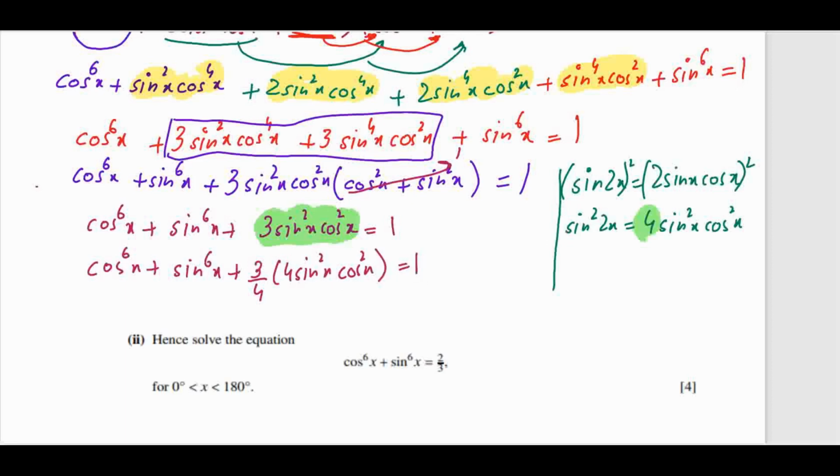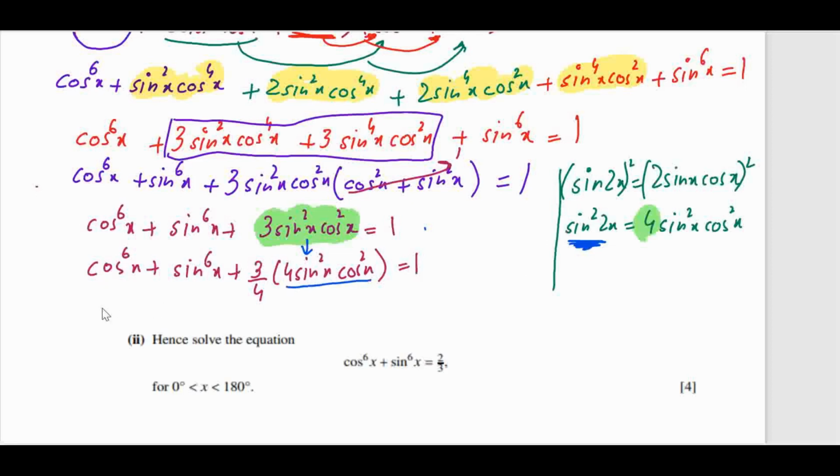Now here we can see that these two expressions are the same, and this one is an identity: sine square of 2x is equal to this thing.